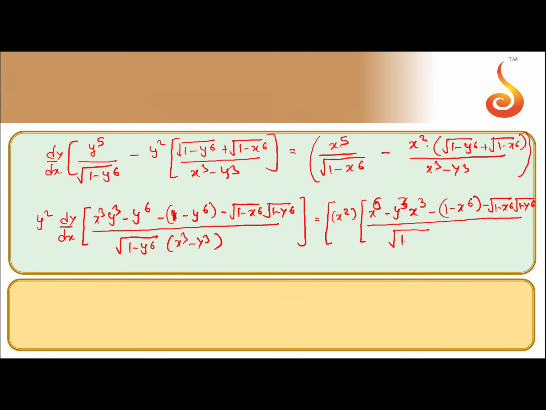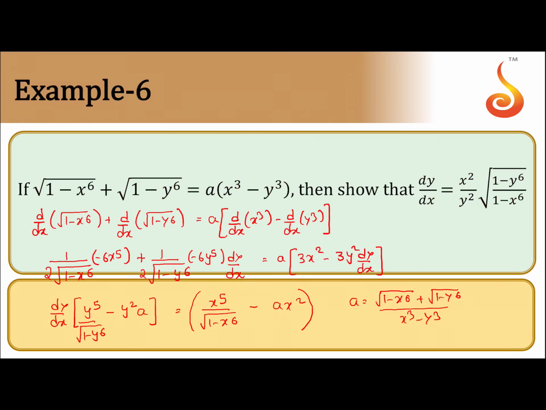So what we get is under root of 1 minus x to the power 6, x cube minus y cube. The denominator cancels, and the y to the power 6 terms cancel. Both sides' numerators are the same, x cube y cube minus x cube y cube. Okay, this is actually what we have taken on opposite sides, perfectly.